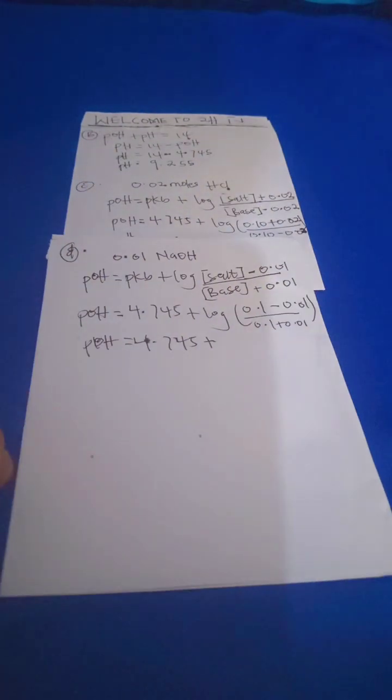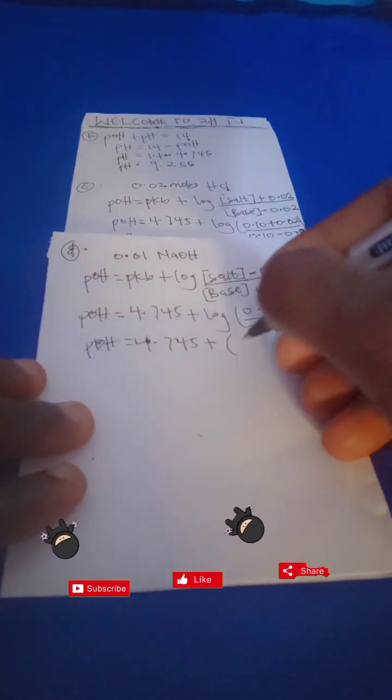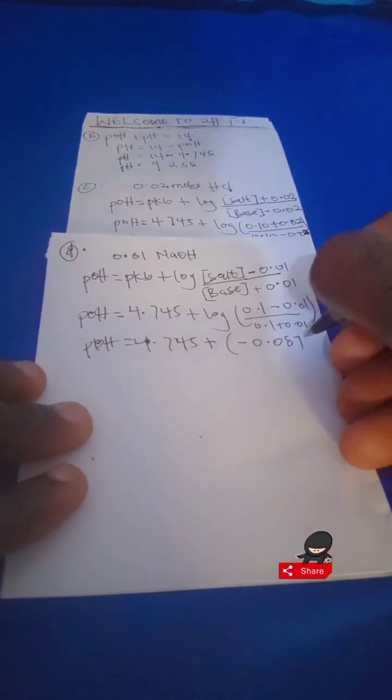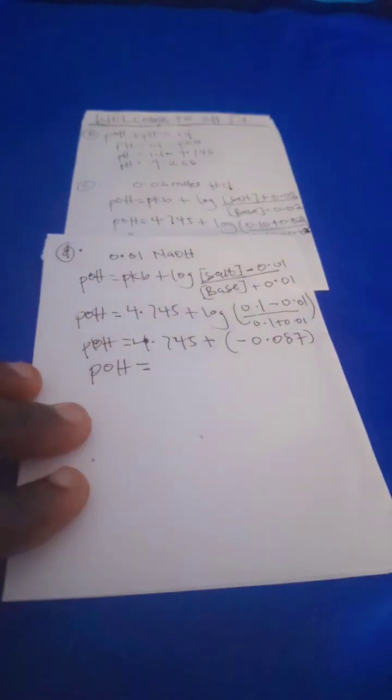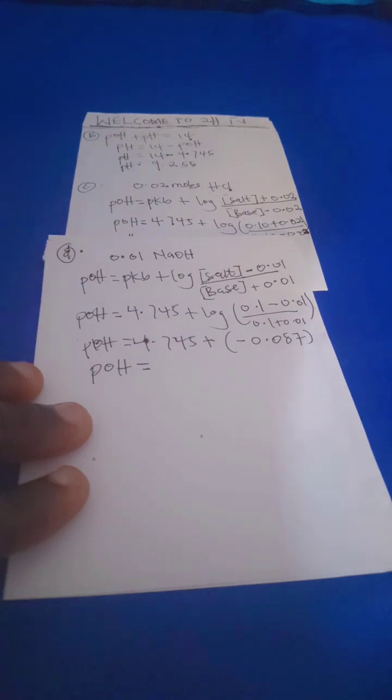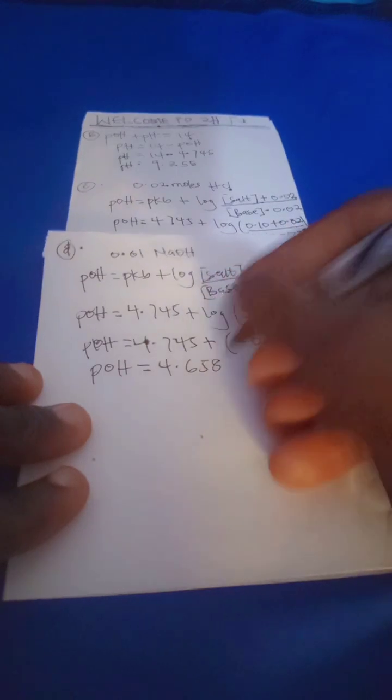So when you quickly use your calculator to punch all this, we will get minus 0.087. So when we finally add this, we'll get our pOH to be equal to 4.658. So we have to find the pH.